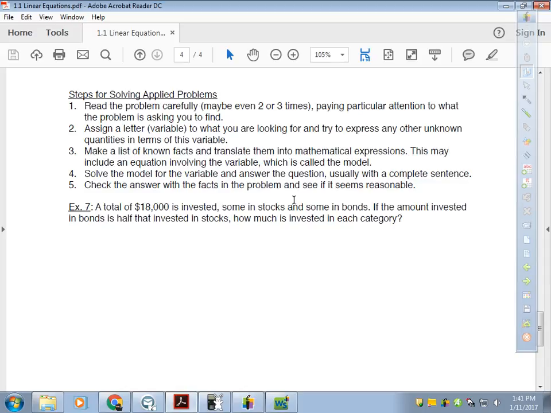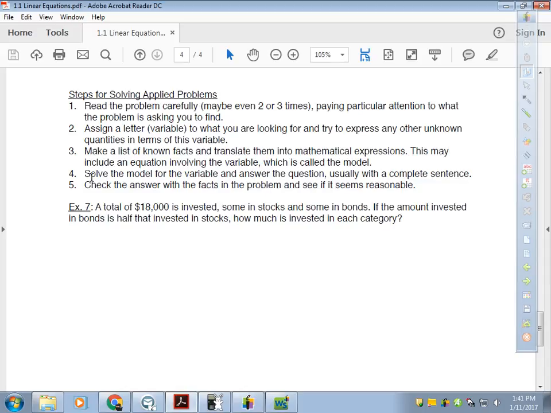Step 3, make a list of known facts that you have in your problem and translate those facts into mathematical expressions. Sometimes what I'll do is I'll write the thing in words first, and then I'll just change the words into math expressions. This is usually going to include an equation, which involves a variable, and we can call that equation a model.